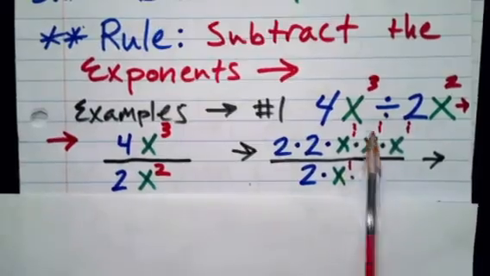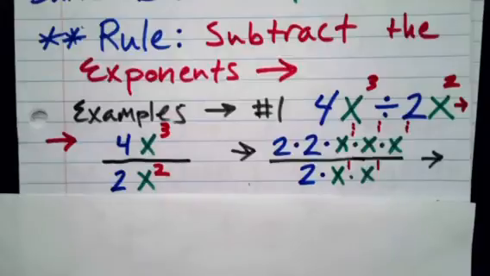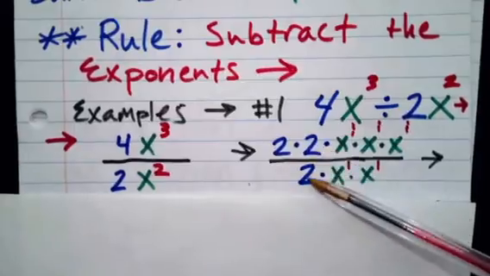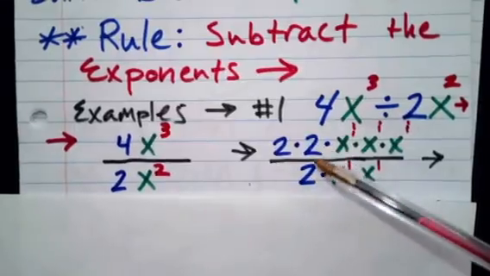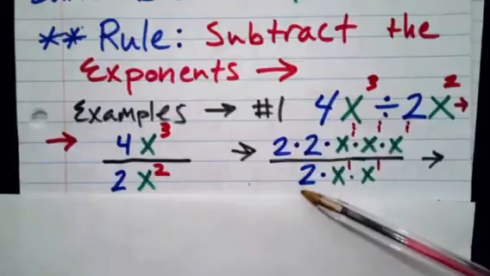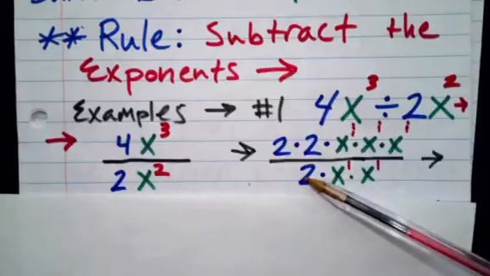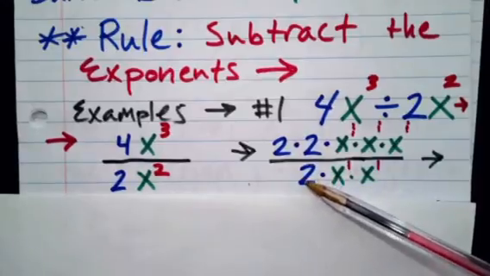So once you write this out in expanded form, then you can just start simplifying. Any term over itself, like 2 over 2, or 5 over 5, or 100 over 100, is one whole. 1 for the numerator, the top part of the fraction, and 1 for the denominator, the bottom part of the fraction.